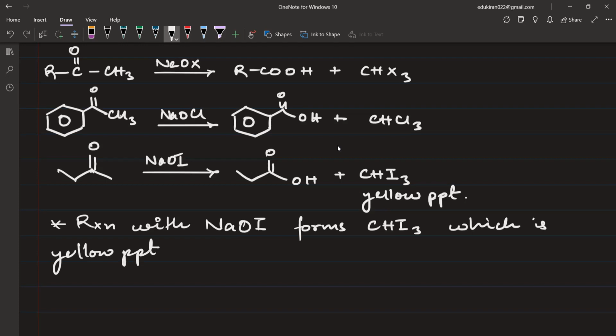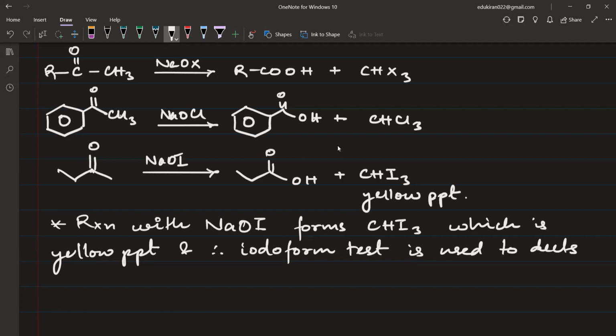And therefore the iodoform test is used to detect the methyl carbonyl fragment.